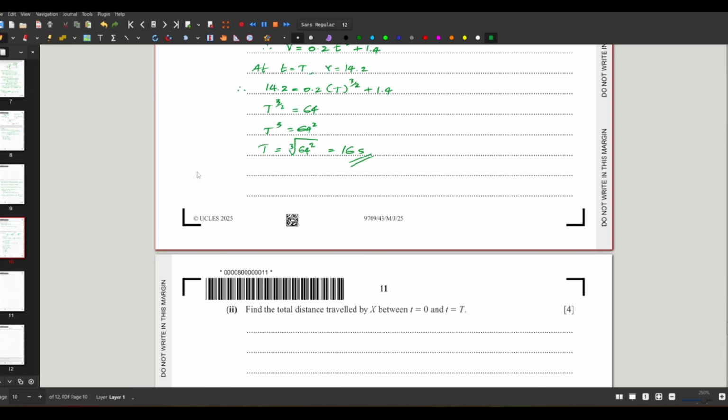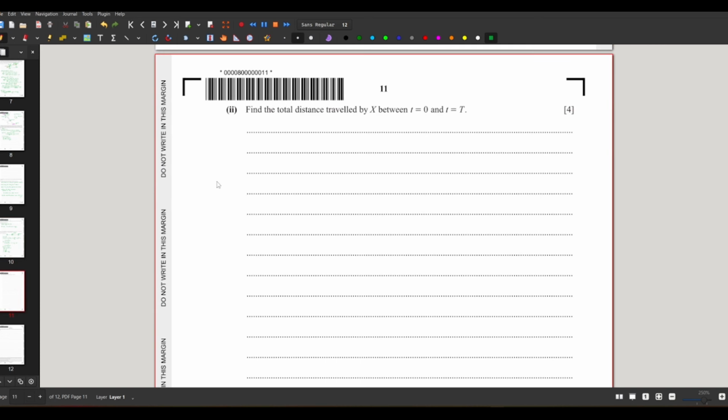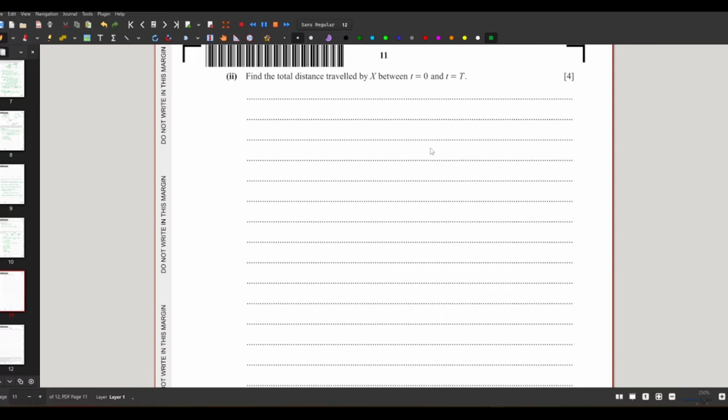So 16 seconds. Then the last part. Find the total distance traveled by x between t equals 0 to t equals capital T, which is 16.